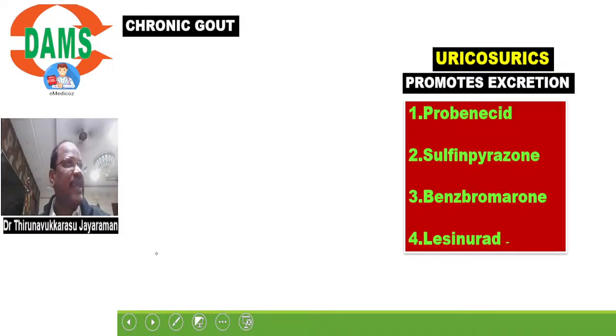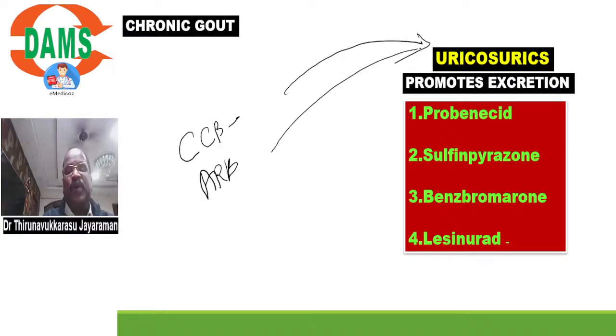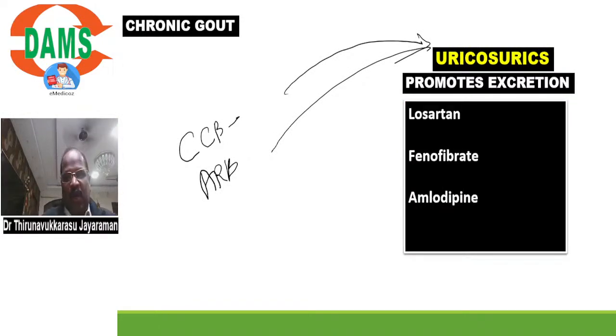Anybody in the live chat can answer: name any one calcium channel blocker having uricosuric action, or name one ARB having uricosuric action. For example, we have losartan, an ARB, amlodipine, a CCB, and fenofibrate, a fibrate group cholesterol lowering drug. They also have uricosuric property.